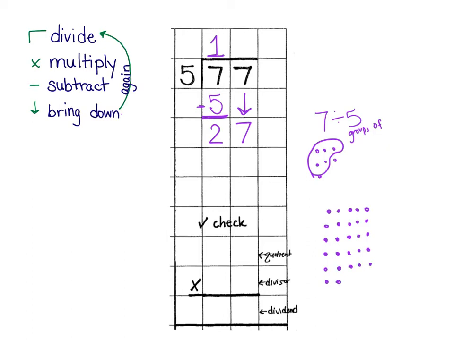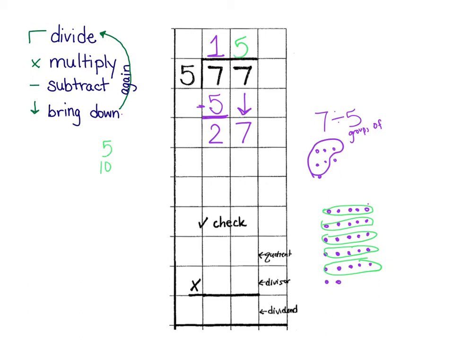We're splitting it into groups of 5. Here's one group of 5, 2 groups of 5, 3 groups of 5, 4 groups of 5, 5 groups of 5 in 27.